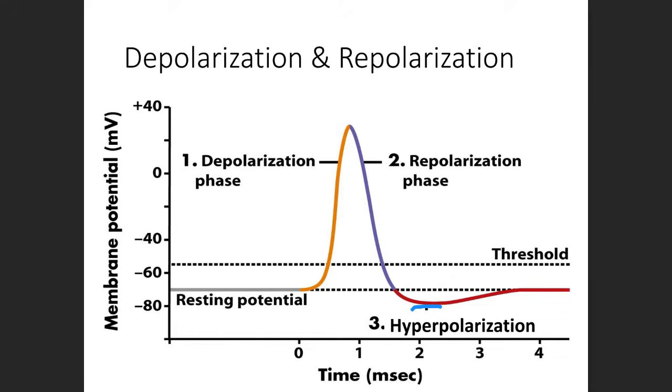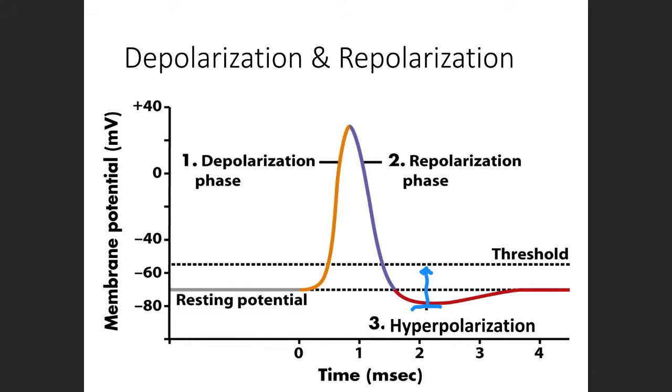So this hyperpolarization is important because it means it requires an awful lot more sodium ions to breach the threshold potential. So this prevents a premature response at that part of the membrane.